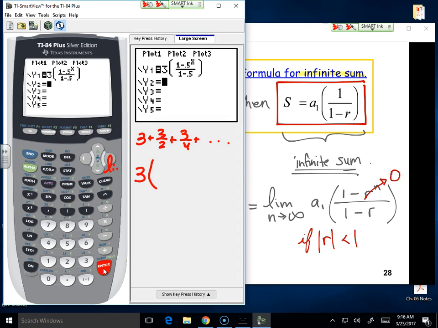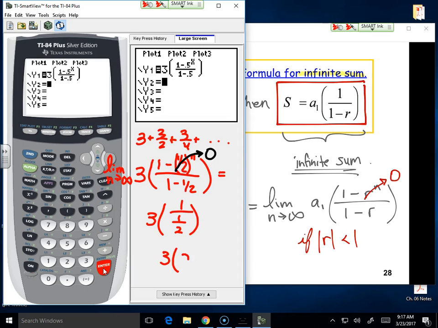You would say the limit as n goes to infinity, technically, of the S of n formula, which would say 1 minus 1/2 to the n, all over 1 minus 1/2. Calculus would say, sweet, this is going to go to 0. And then we would solve and say, okay, the infinite sum would be 3 times 1 over 1 minus 1/2, which is 1/2, aka 3 times the reciprocal of 1/2, which is 2. So 6.